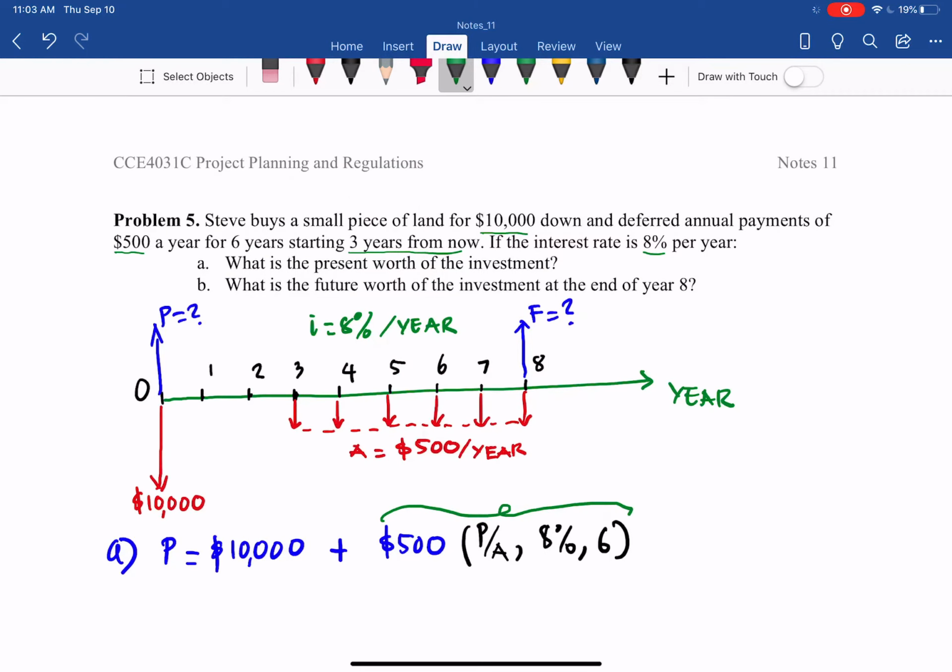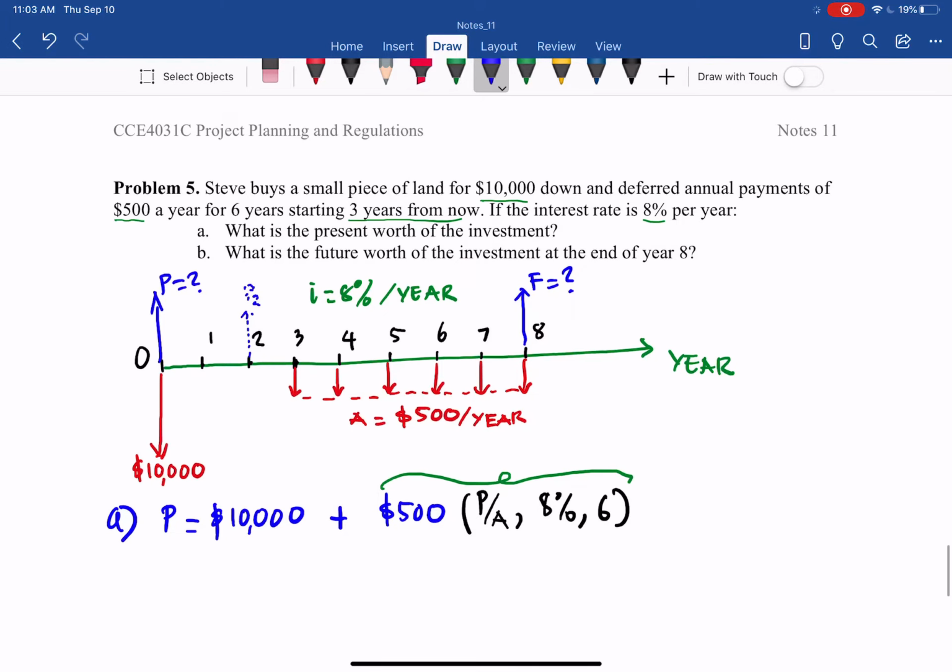So I make a phantom P here, P2, that is 1 period prior to the first A at year 3. Then this P has to be at year 2. So let's put that one here.